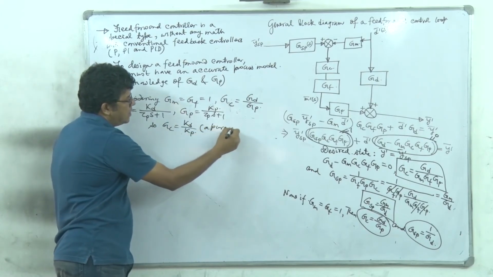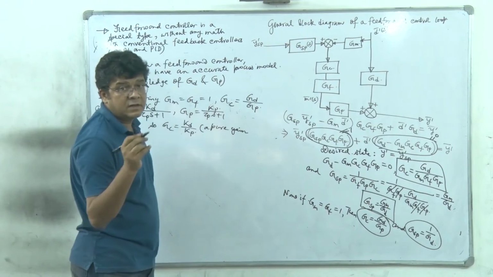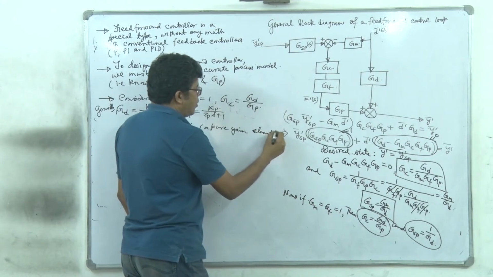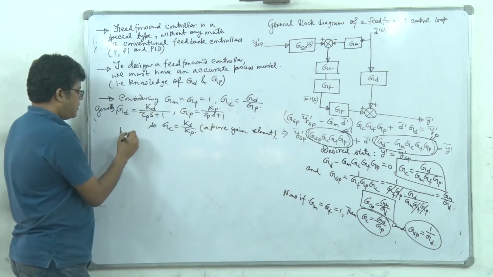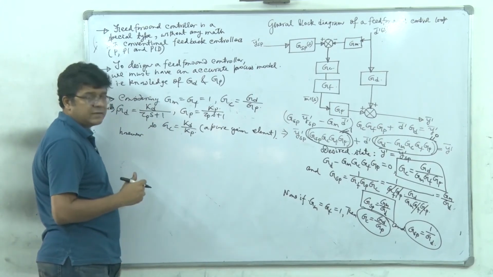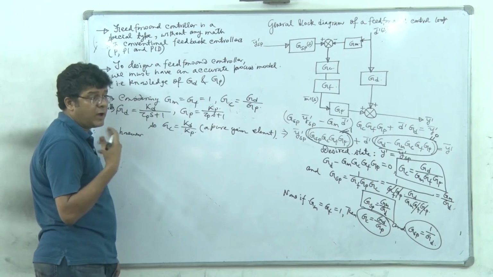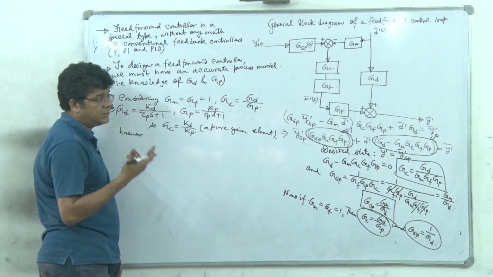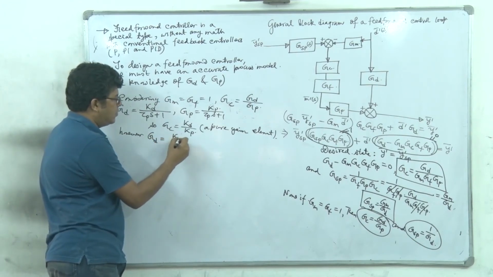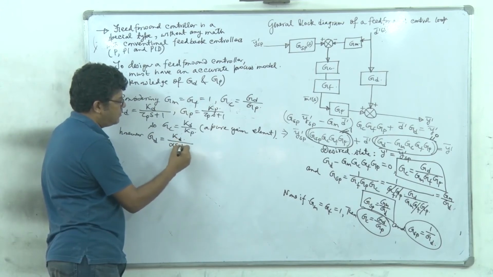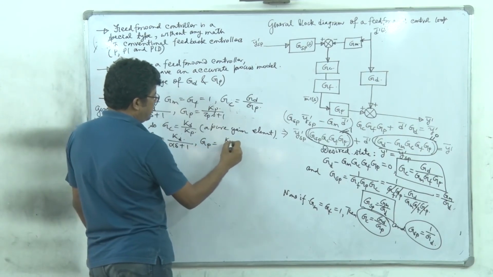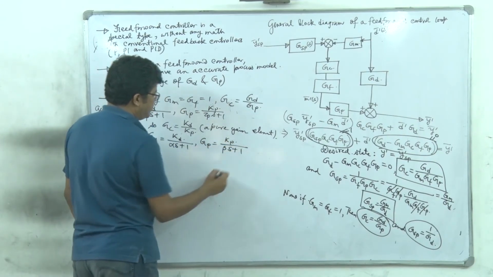A pure gain element, as we have found in the case of this constant level stirred tank heater. However, if I have multiple process blocks and multiple disturbance blocks, maybe more than one disturbance and more than one manipulated variable, then GD is equal to KD divided by alpha S plus 1 for first order systems we are discussing basically, and GP is equal to KP divided by beta S plus 1.